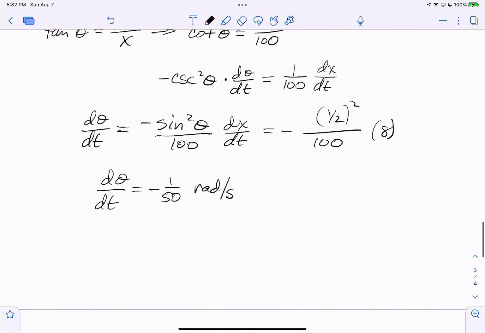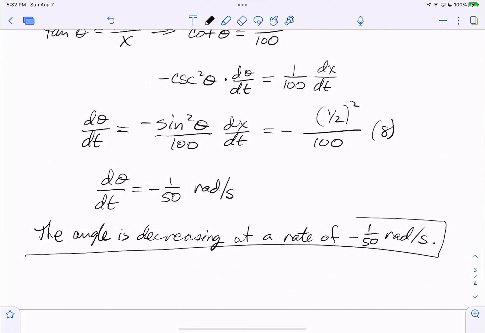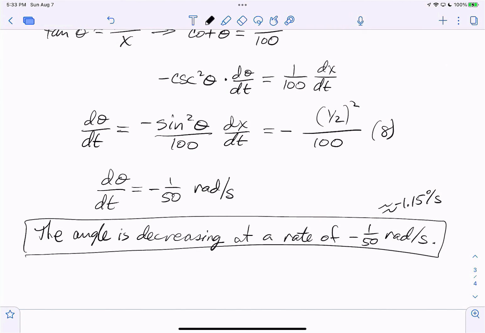So we can say the angle is decreasing at a rate of 1 over 50 radians per second. In case you're curious, that's about negative 1.15 degrees per second. So every second it's getting smaller by about 1.15 degrees.